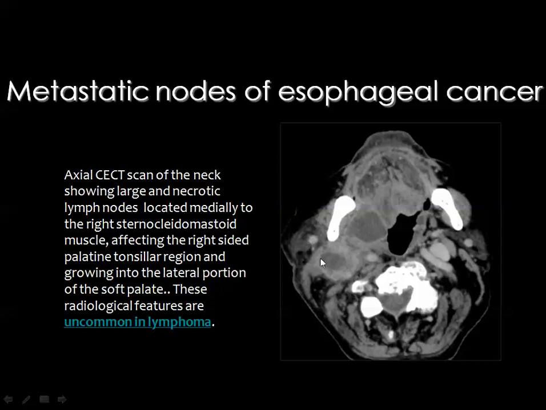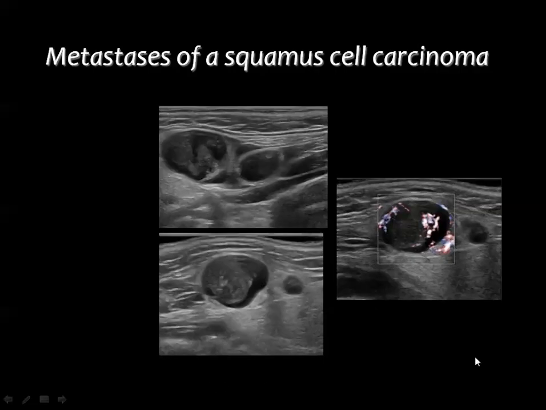Number two, the presence of a primary malignancy will enable you to predict that these nodes will be metastatic. And lymph nodes by ultrasound that are metastatic are more or less rounded. They show areas of central necrosis and they show prominent vascularity on the Doppler study.